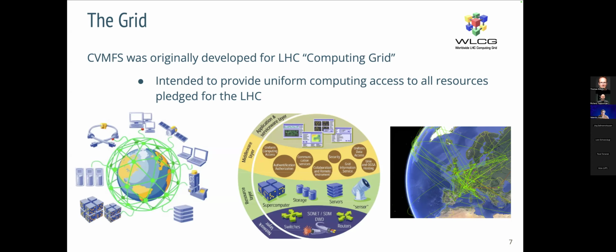And here it was supposed to be exactly as easy to get computing access across all of these different sites that provide processing power for the Large Hadron Collider. There's a lot of middleware that goes into making sure that there's uniform access.